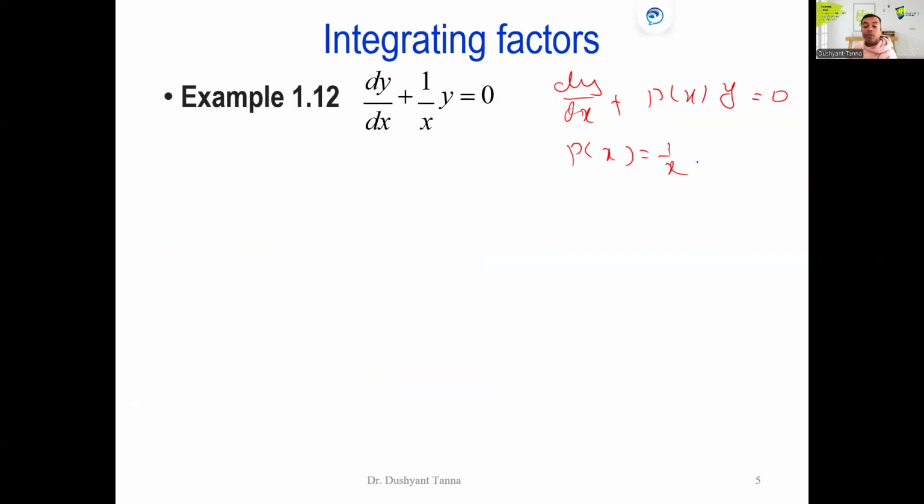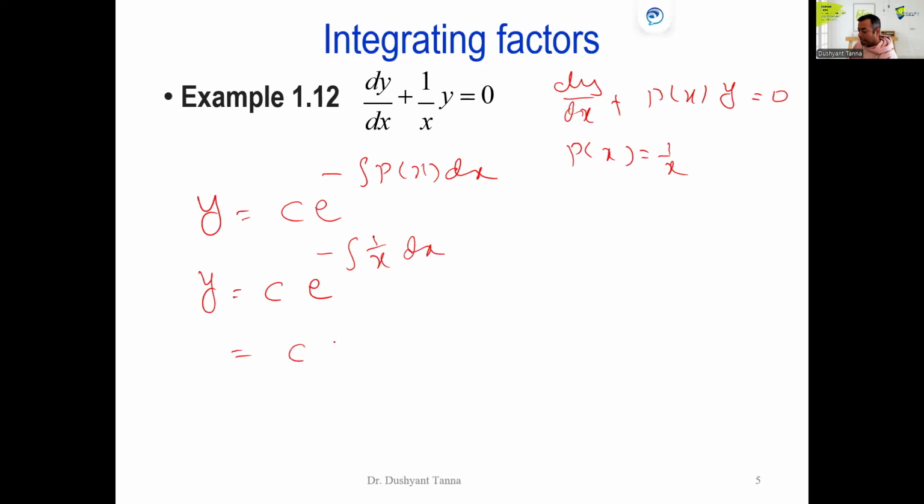My solution is what? y is equal to c e power negative integration p(x) dx. Therefore, y is equal to c e raised to minus integration of 1 on x dx. This is, can I say, ln x? Now c is already there. You can keep going c1, c2, and then come up with a c, but this is a solution, so all the extra c1, c2 requirement is being taken care of.